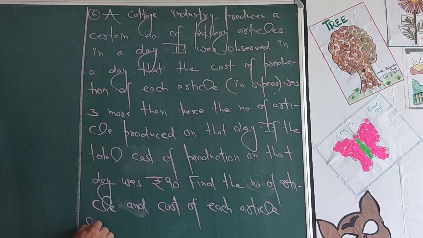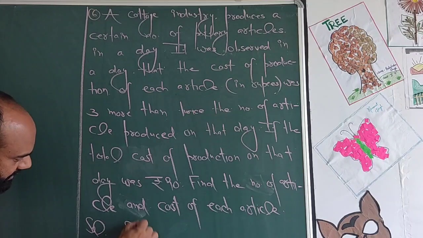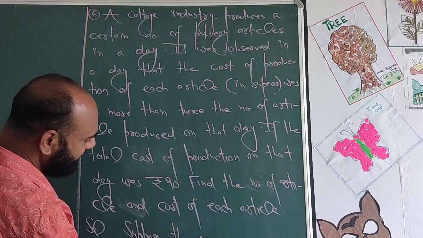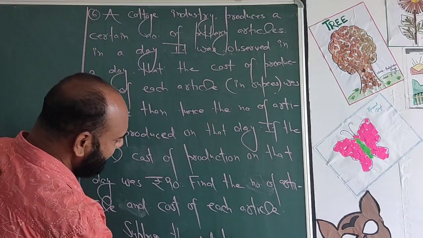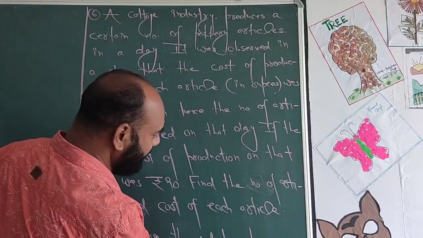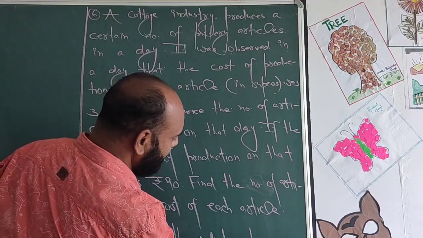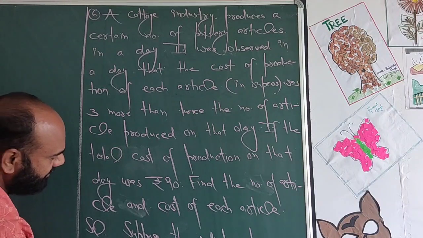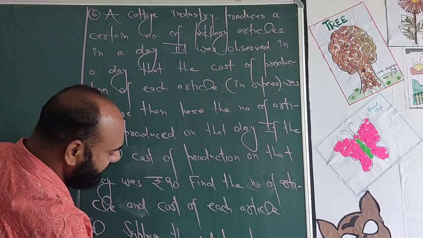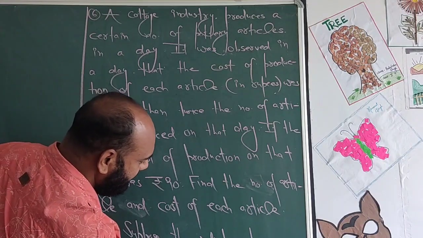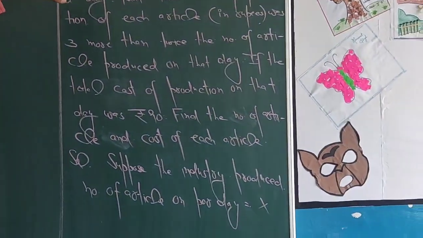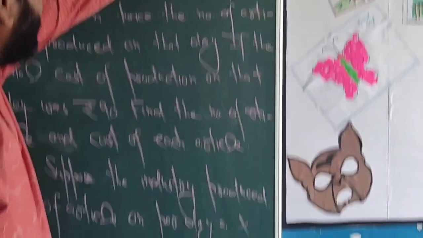So first of all, we suppose the cottage industry produces the number of articles per day equal to x.